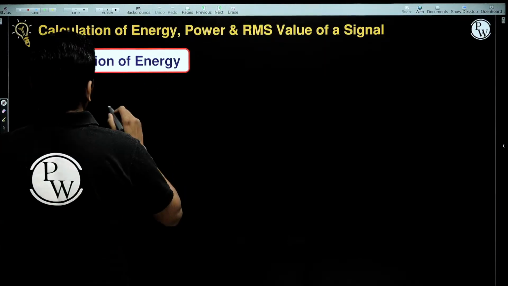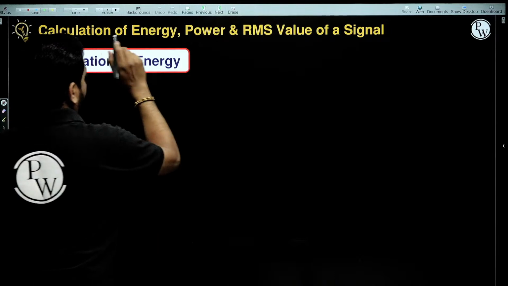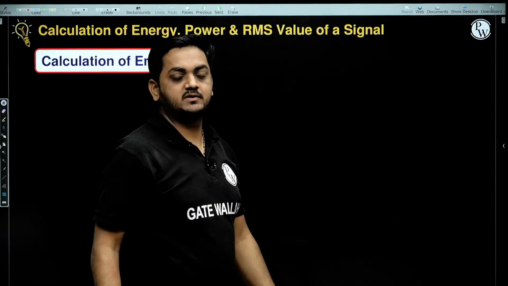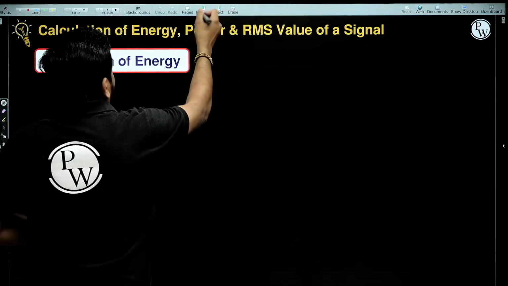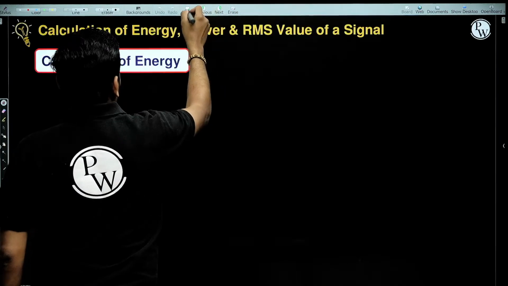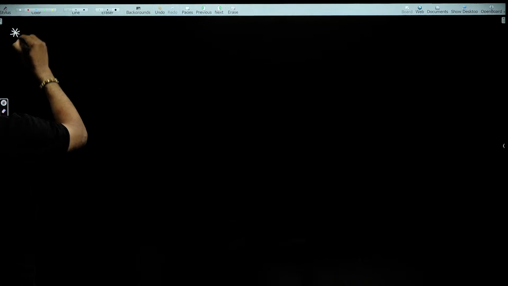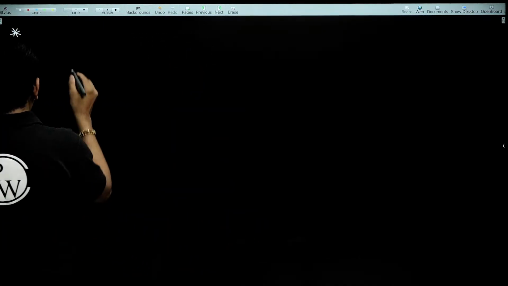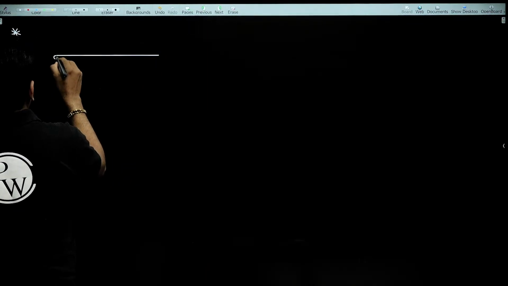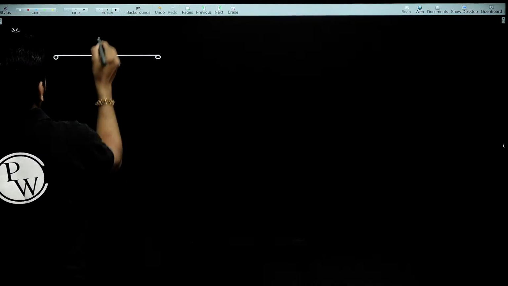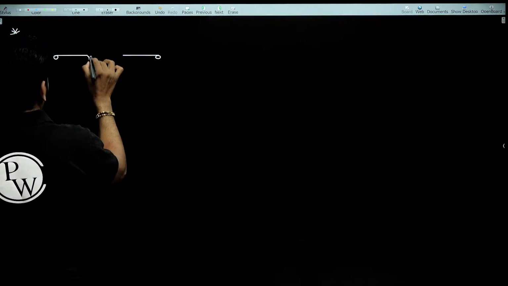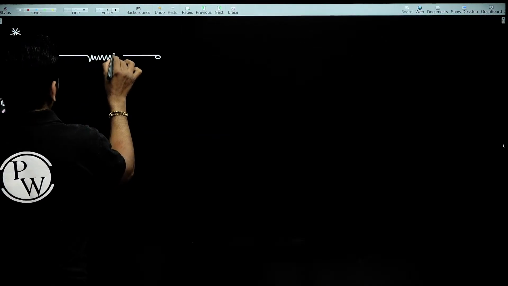The complete topic name is calculation of energy, power and RMS value of a signal. So how to calculate power? You might have studied in network theory the power dissipated or absorbed by an element. Let us consider a resistor having resistance R ohm.